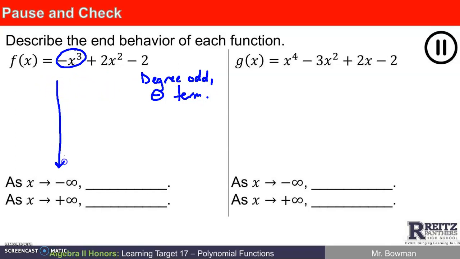So which step of the end behavior dance does this look like? Well, it starts up here, does whatever it's going to do, and then finishes this way. As x approaches negative infinity, the y's are approaching positive infinity. As x approaches positive infinity, the y's are approaching negative infinity.